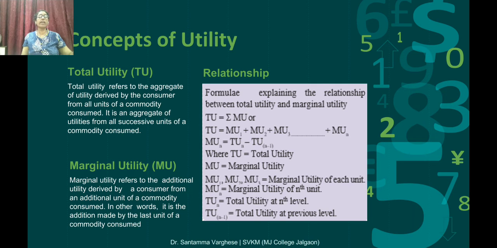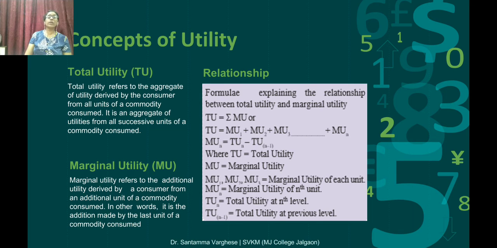The utility derived from using the five glasses of water is the total utility of that particular consumption. So you have to go through the definition thoroughly. Total utility is very simple: it refers to the aggregate of utility derived by the consumer from all the units of a commodity consumed. It is the aggregate utility derived from the successive units.